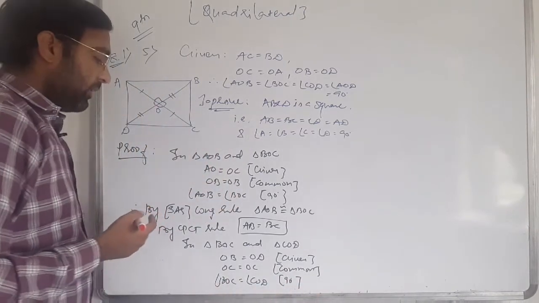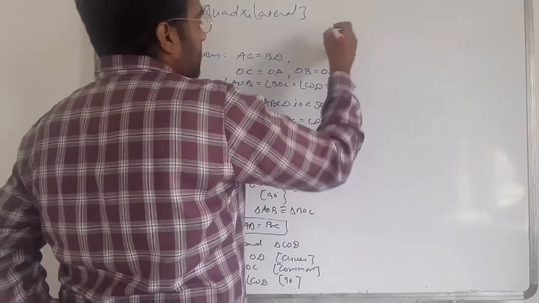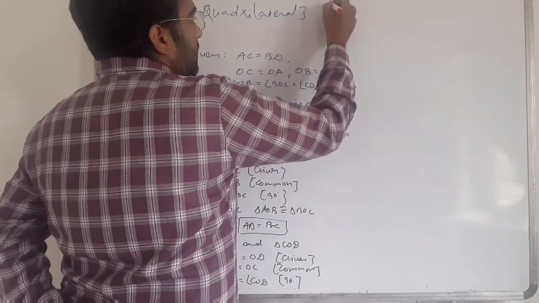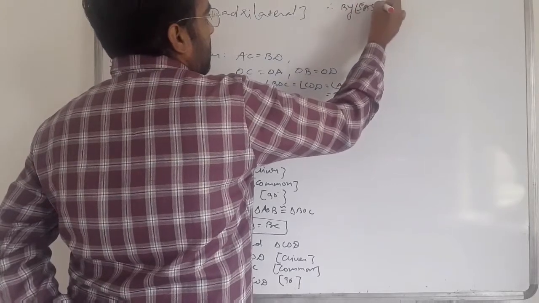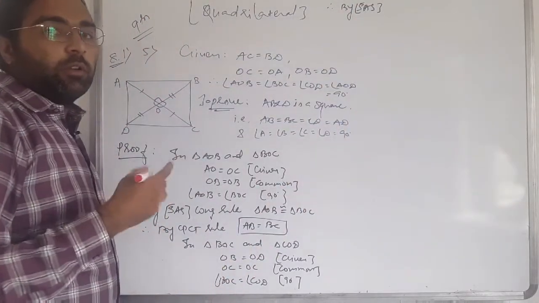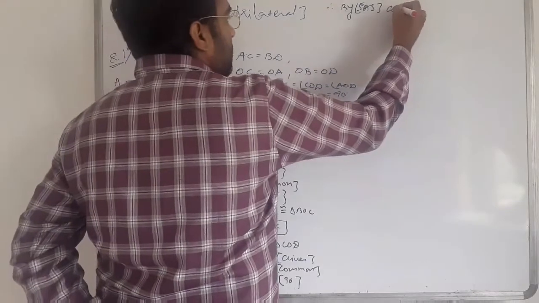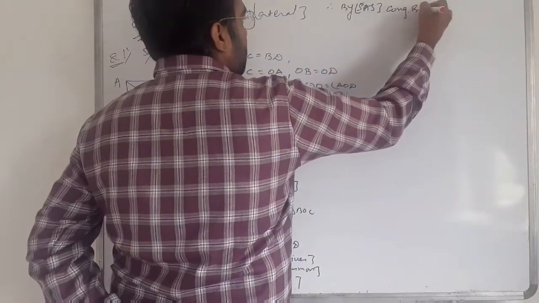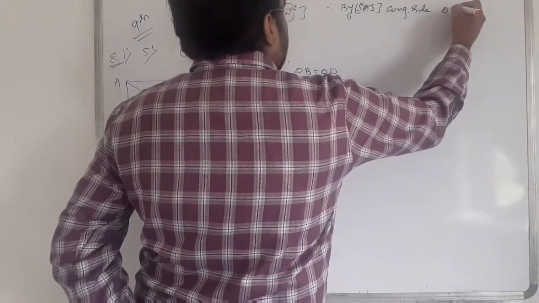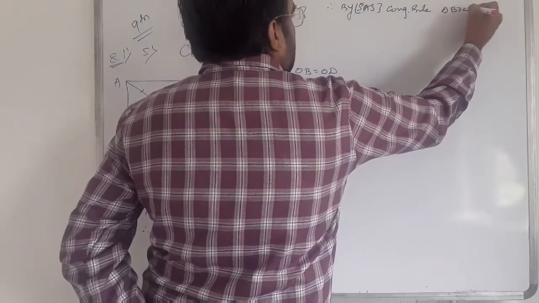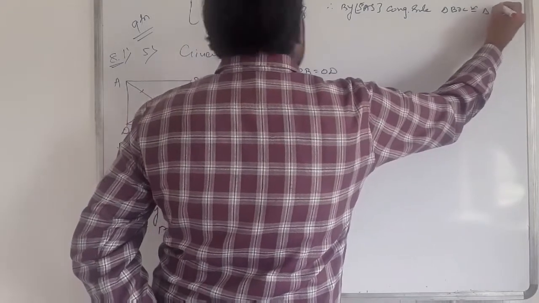Therefore, by the side angle side congruency rule, triangle BOC is congruent to triangle COD.